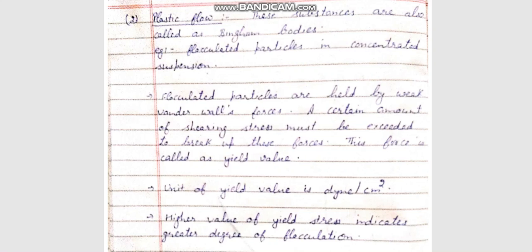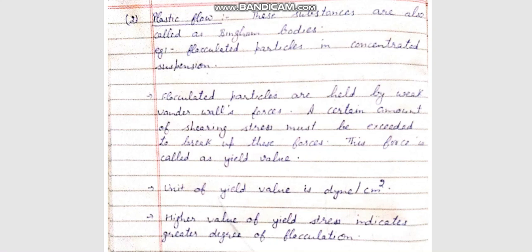In flocculated particles, they are held together by weak van der Waals forces, and a certain amount of stress is needed to break up these forces. Only after breaking up these flocs will they move. The force needed to break them up and start flow is called the yield value.